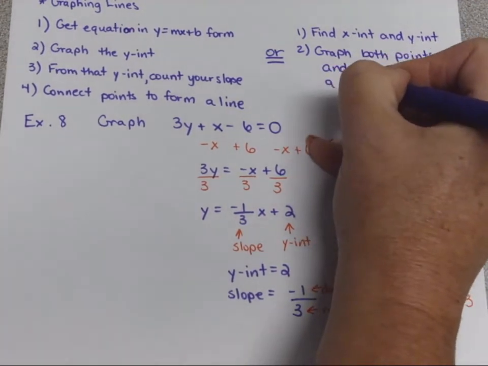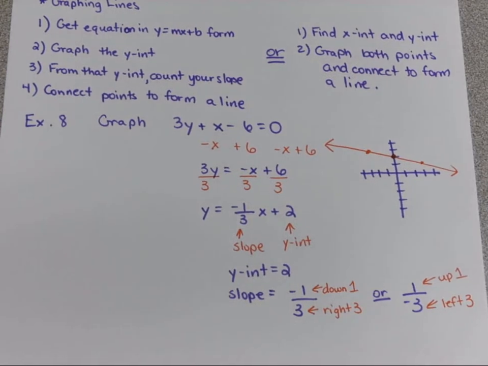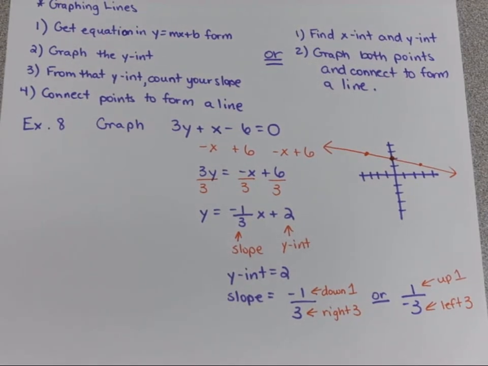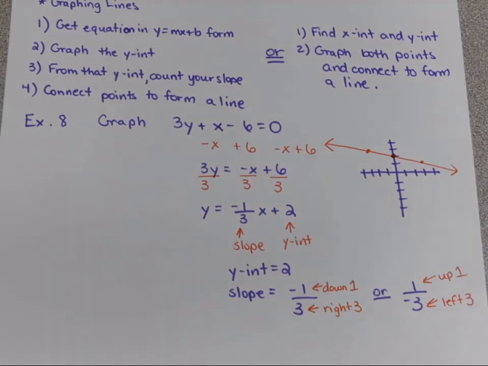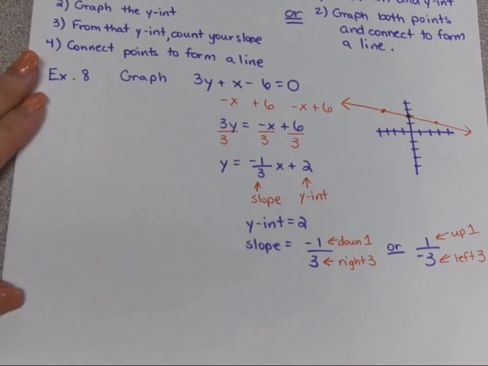And sometimes this way, honestly, is easier. Okay, sometimes it's actually a really big pain in the butt to try to get y by itself. Sometimes y equals is maybe not your go-to method. And notice even in number of steps, this one's quicker. Okay. The thing is, though, that you have to remember how to find x and y intercepts, okay? But that shouldn't be too bad.